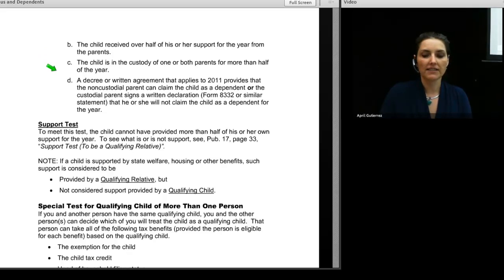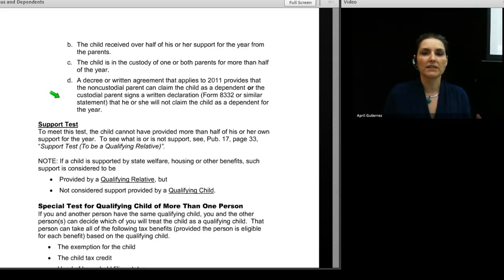The child is in the custody of one or both parents for more than half the year, and a decree or written agreement that applies to 2011 provides that the non-custodial parent can claim the child as a dependent, or the custodial parent signs a written declaration, Form 8332 or similar statement, that he or she will not claim that child as a dependent for the year.